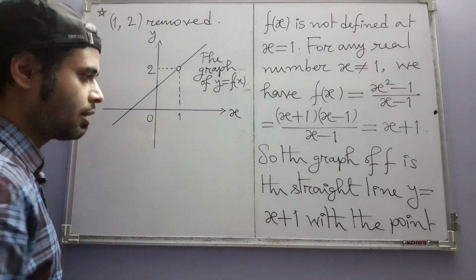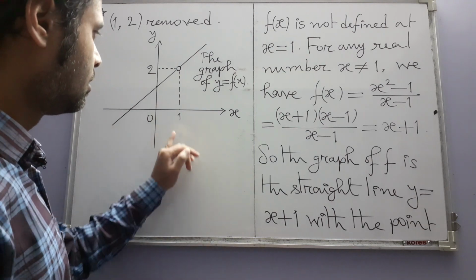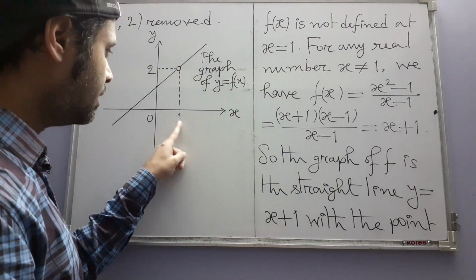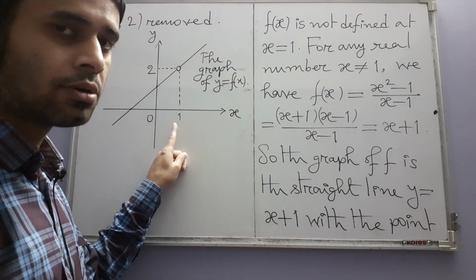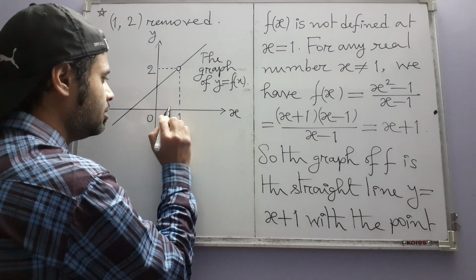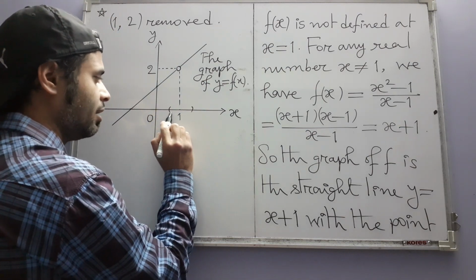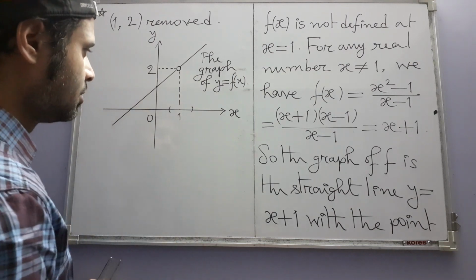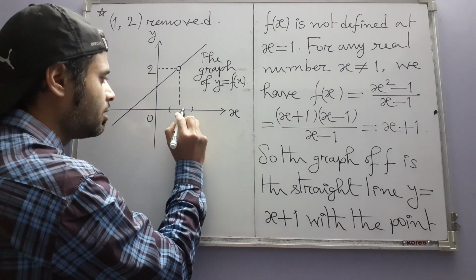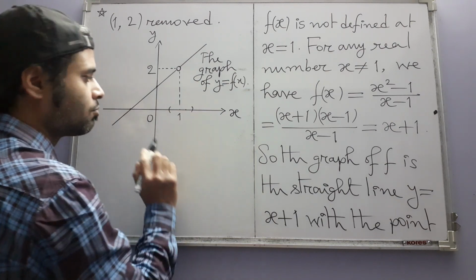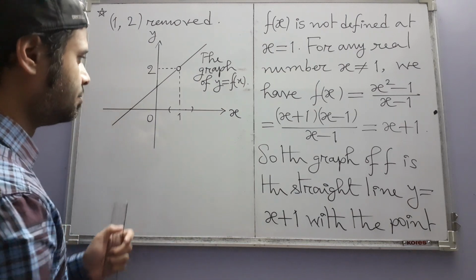Now what we have been asked in this question is, what is the behavior of the function f of x near 1? Now near 1 means two things. You can either be near 1 by being to the left of 1 or by being to the right of 1. So let me just arbitrarily take a point near 1 but to the right of 1.